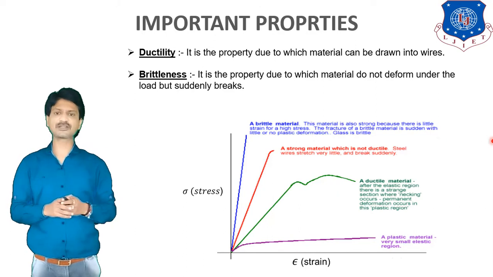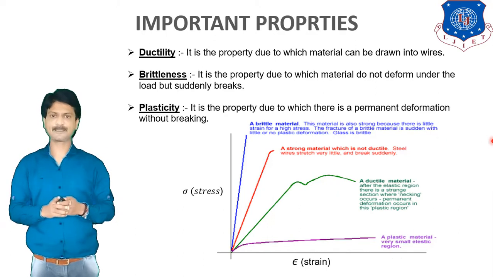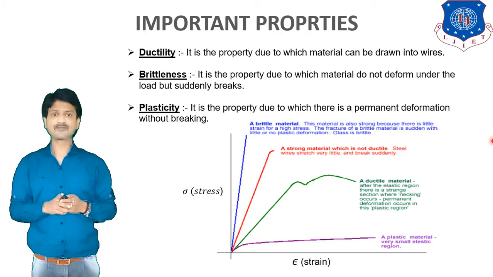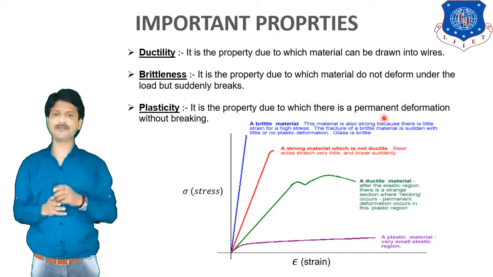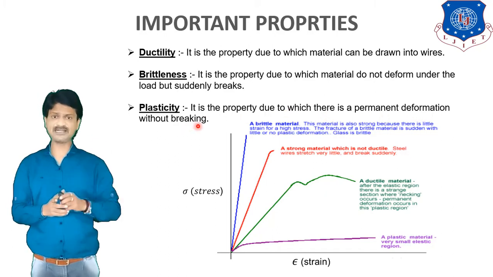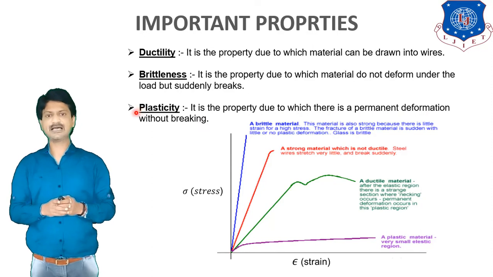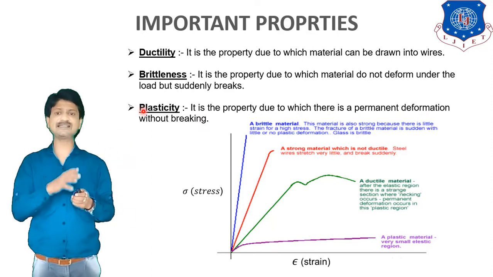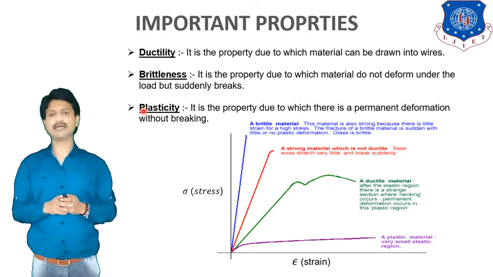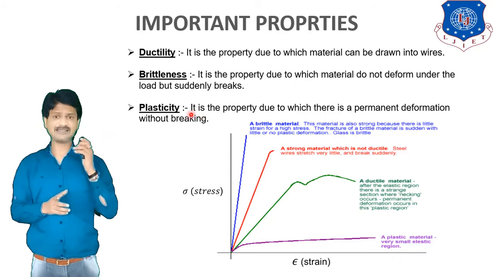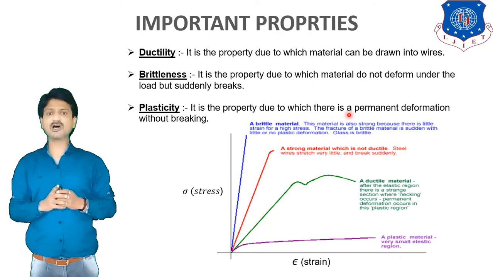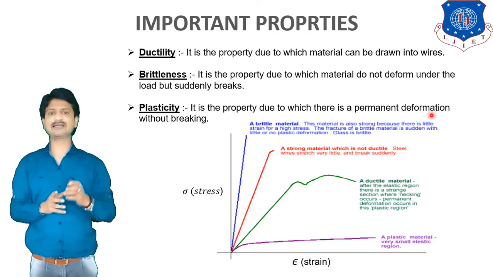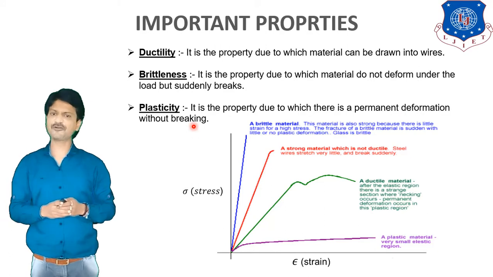Now we will move further to plasticity. Some materials are capable of getting deformed permanently without producing any fracture. This property is known as plasticity, and the materials which possess that type of property are known as plastic materials. So I repeat that property: some materials are capable of getting deformed permanently without producing any fracture.